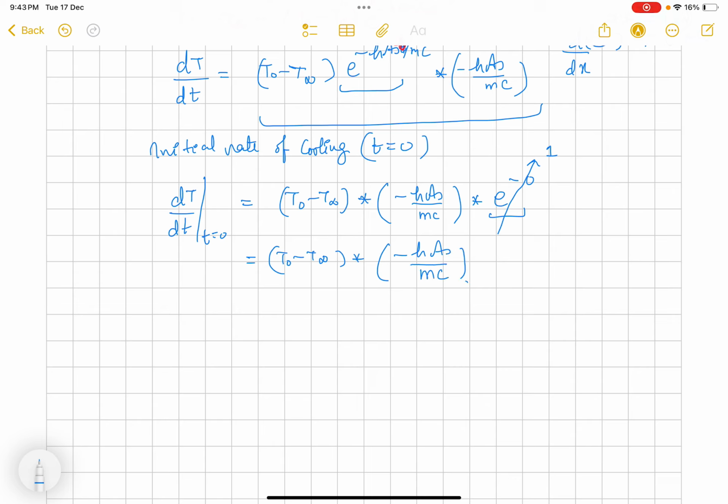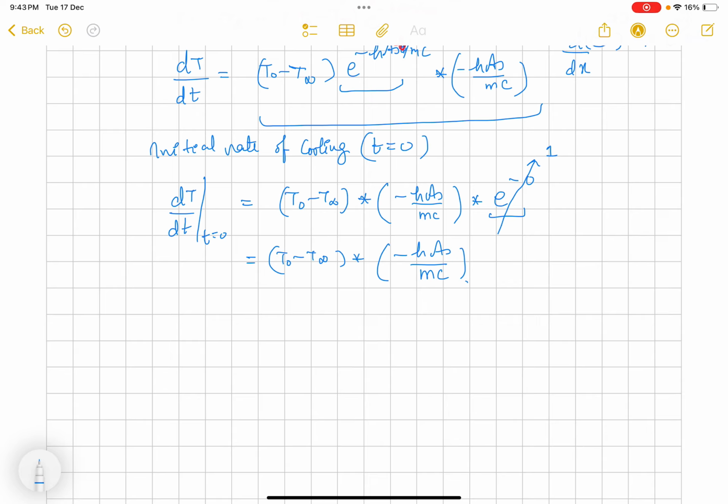So the initial rate of cooling depends on the initial temperature difference between the body and the surrounding, and also on the material properties, heat transfer coefficient and the size of the body.